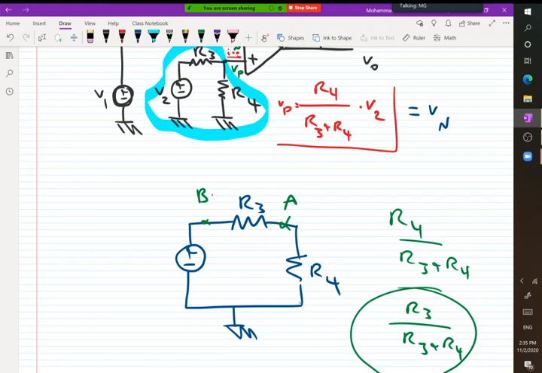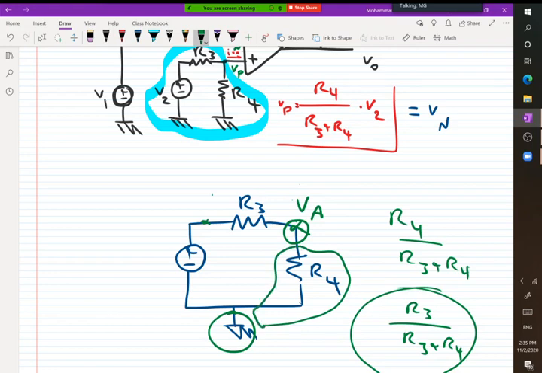But what we're looking for is the voltage at this point, which is the voltage of this point compared to the reference point. So if we look to these 2 points, we see that these 2 points are the voltage across R4. Is it clear?